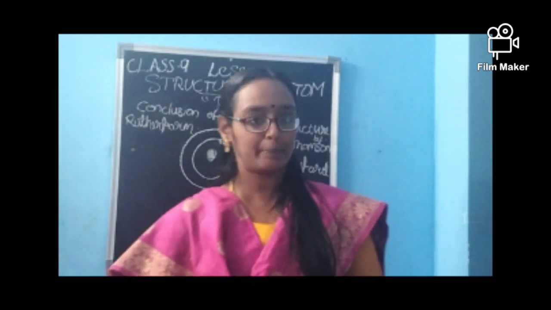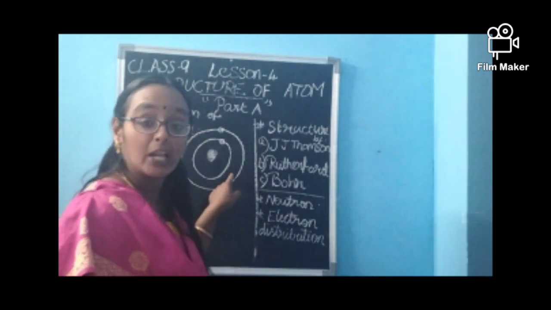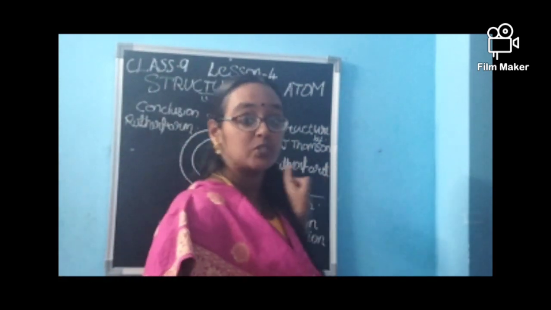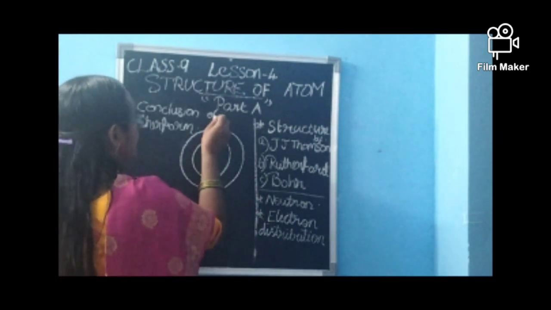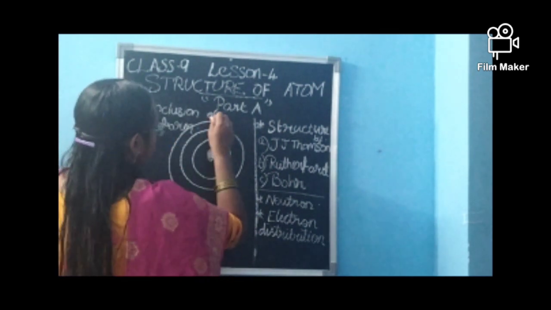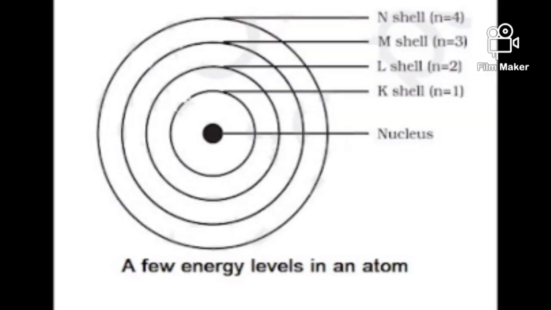Now, as I told you, the electrons have discrete energy levels as they revolve in these orbits. How many orbits are there, do you know? We also call these orbits shells. Shells or orbits have energy levels.